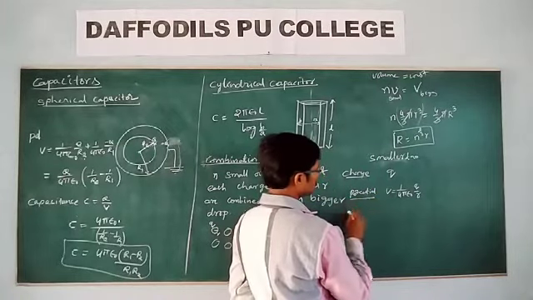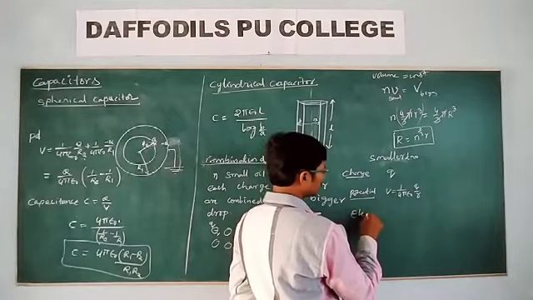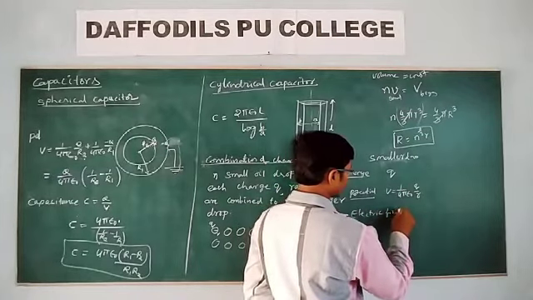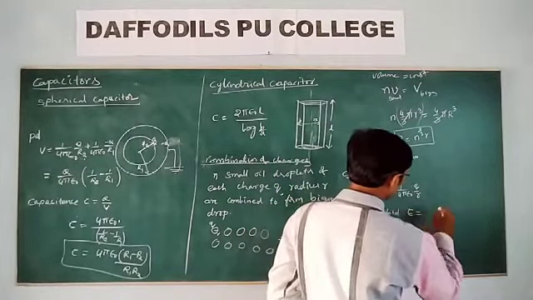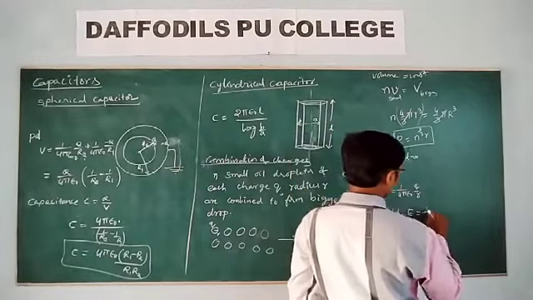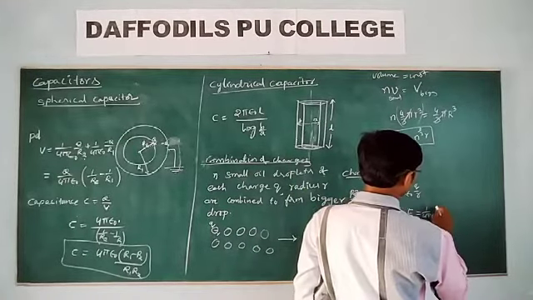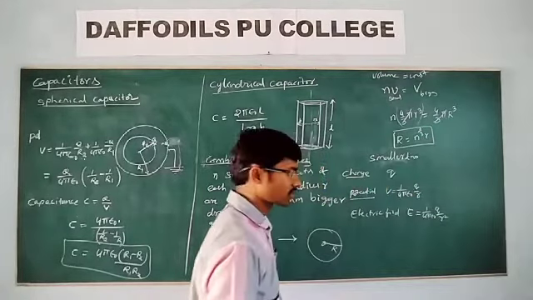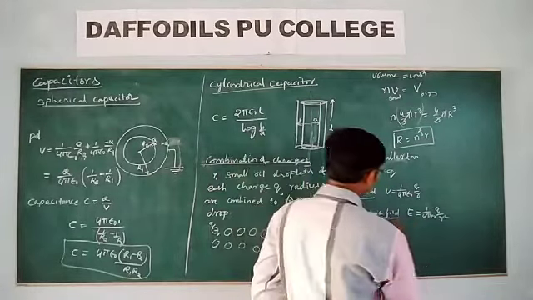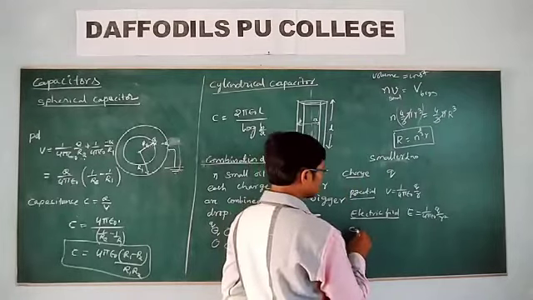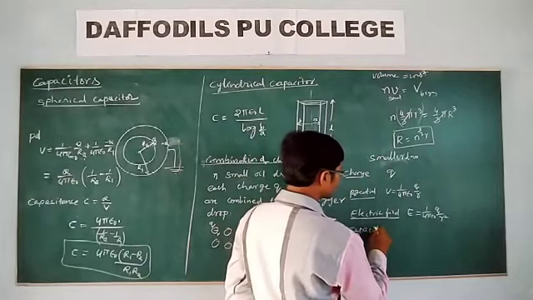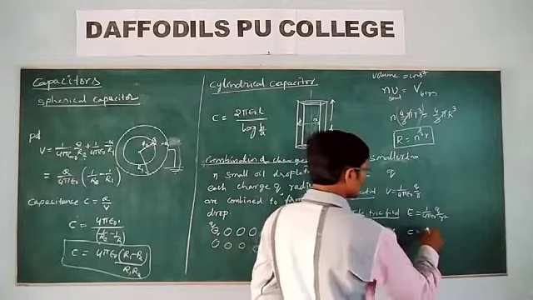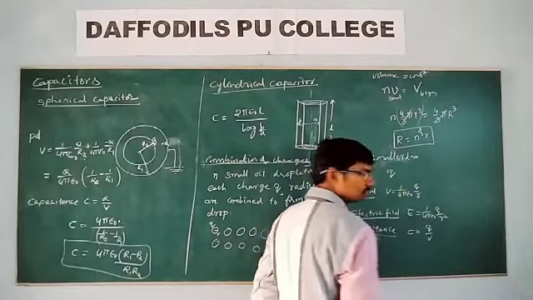Then what is the electric field? E is equal to 1 by 4 pi epsilon naught q by r square. Whereas capacitance C is equal to q by V.